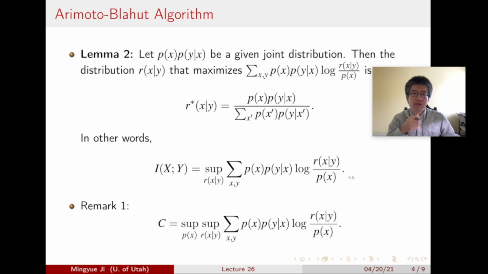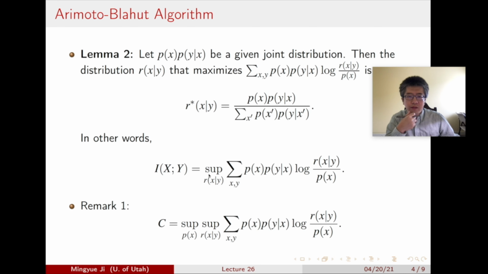Okay, and similarly, we can get this behavior for the channel capacity as well, where the quantity that we're trying to minimize is not relative entropy anymore. It's given by this formula, where this R(x | y) is a quantity that we want to pick, right? Therefore, in this case, instead of the minimization, for the mutual information we have a maximization here.